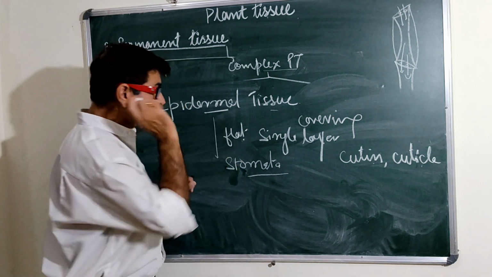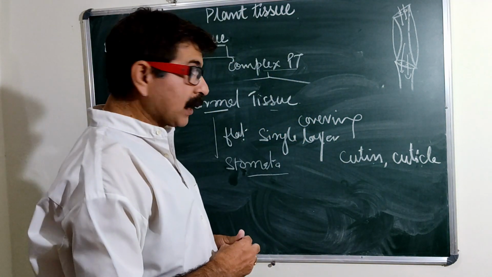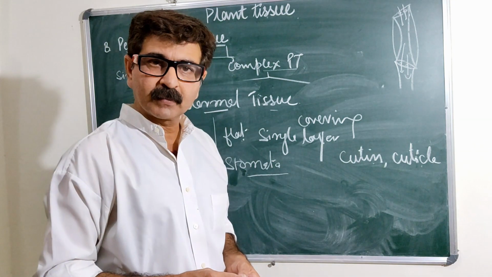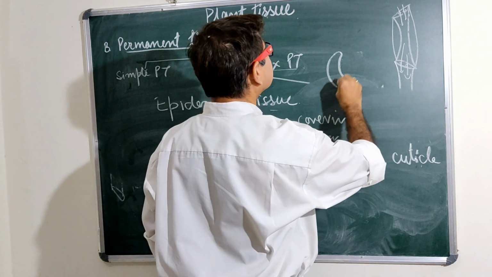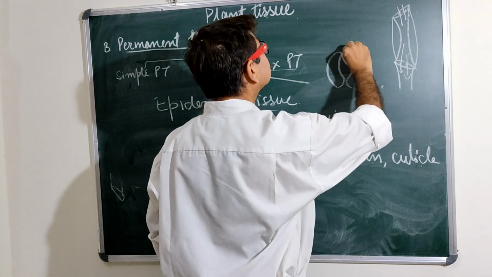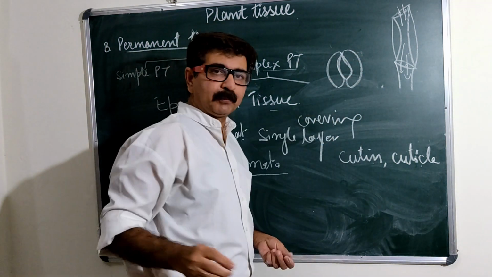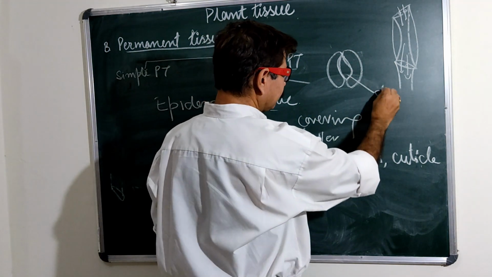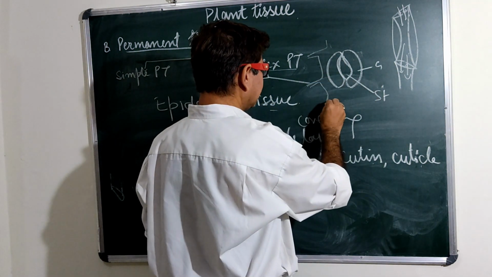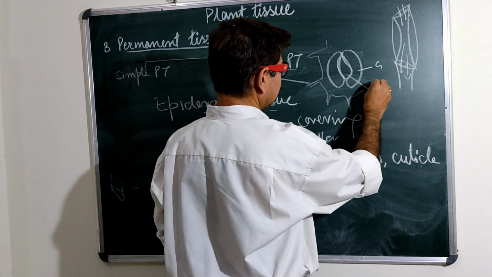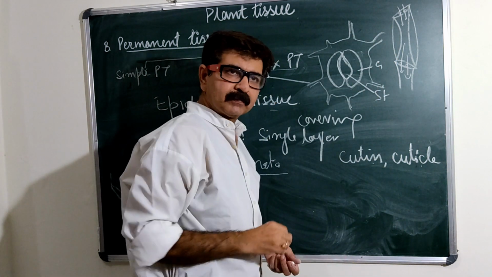Stomata are the pores that contain a kind of cells, the guard cells. These guard cells are bean-shaped cells, and one stomatal pore. This is a stomatal pore. This is a guard cell, and apart from that we have a number of subsidiary cells.